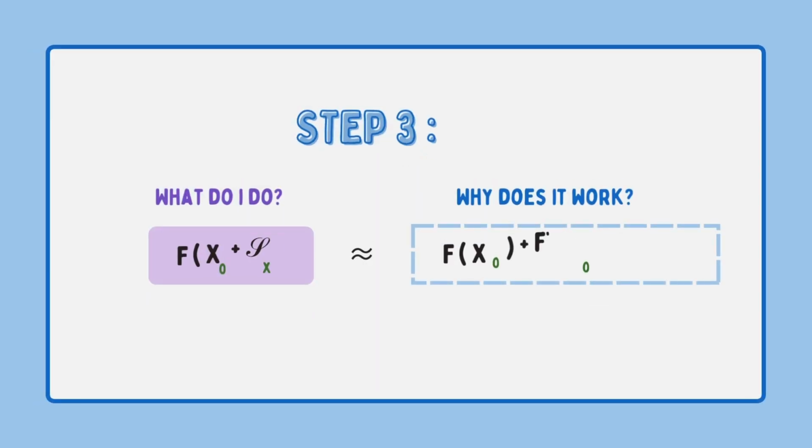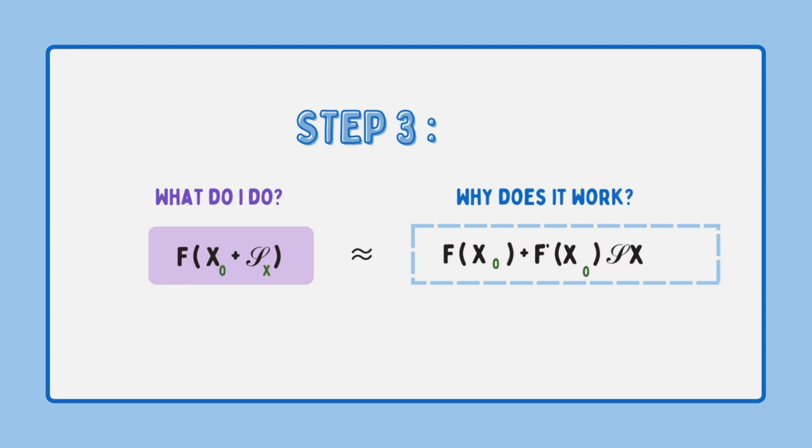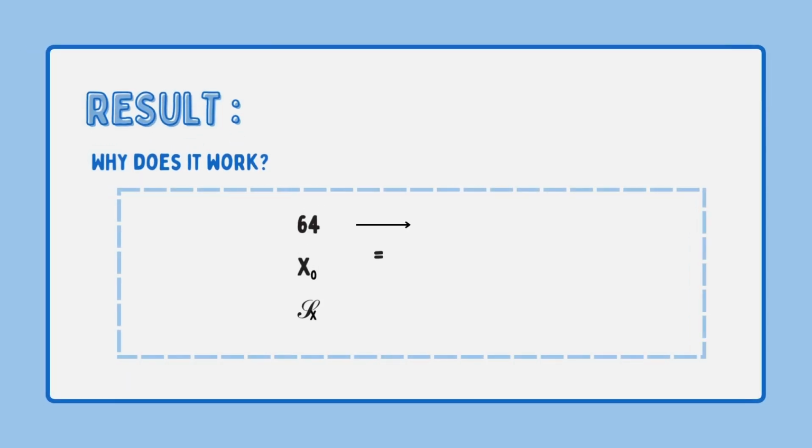Step 3 is we need to use the linear approximation and differentials method. So f(x0 plus delta x) is approximately f(x0) plus f prime(x0) delta x. From 63.99 to 64 because it is the nearest number.